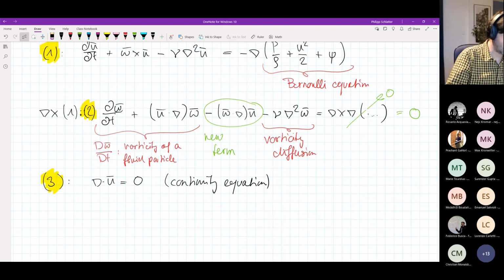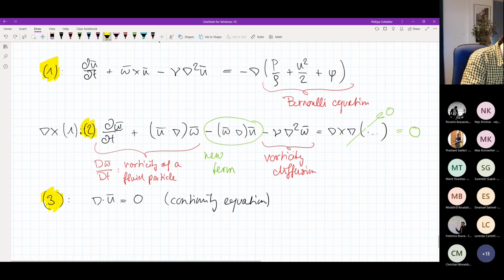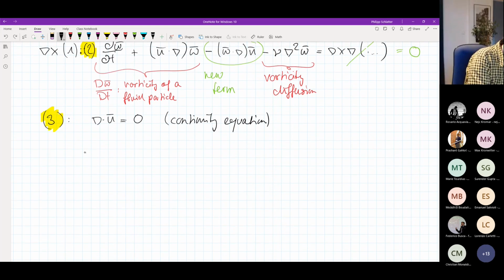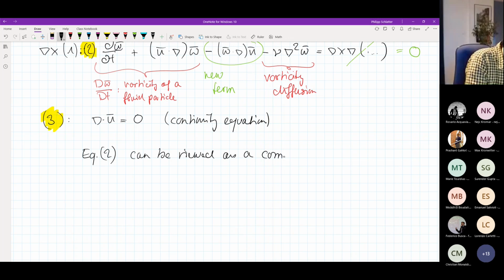And for that, we can actually do the first observation. We can state now that equation number 2, so the new equation that we derived, can be viewed as a compatibility condition.